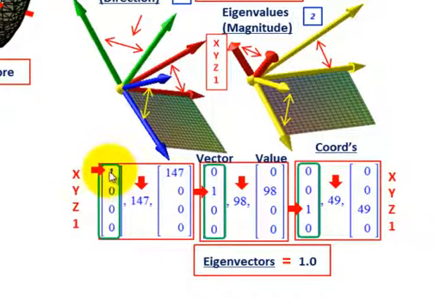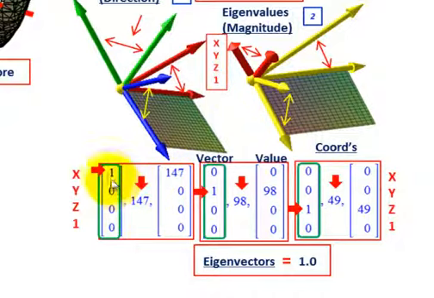So here, x position, it has no y and nothing in z. Everything is sitting on that x-axis, and it happens to be the eigenvalue of 147. So taking 1 times 147 gives us the eigenvalue position.